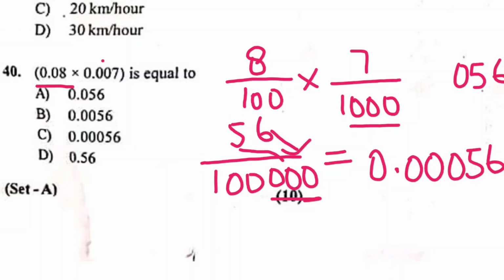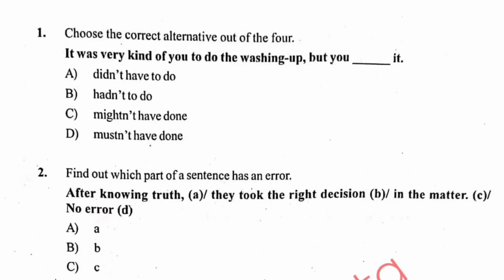Then to the left we have the 100th position, which is 0. Then we have the 10th position, then we have the decimal, and then the units place. So it is equal to 0.00056.